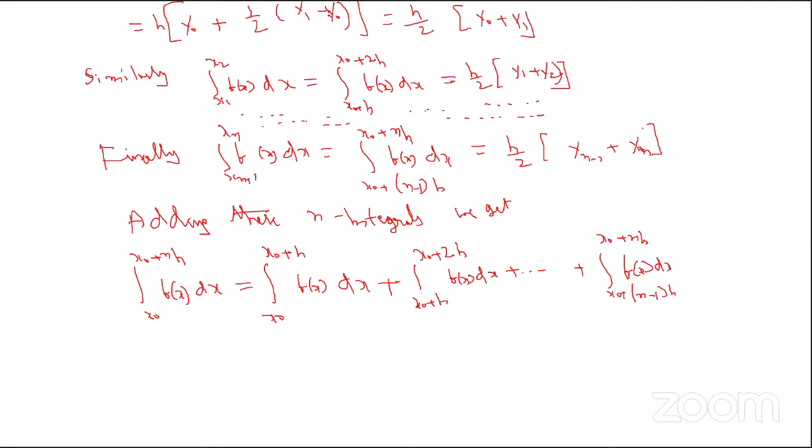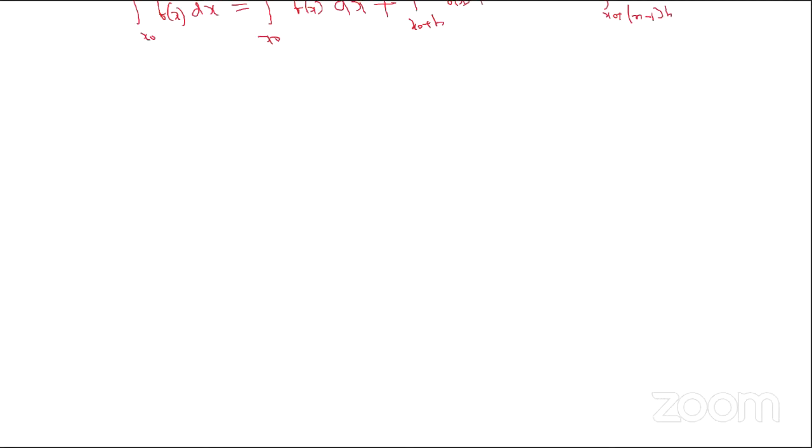That equals h by 2 times [(y0 plus y1) plus (y1 plus y2) plus so on plus (yn minus 1 plus yn)].